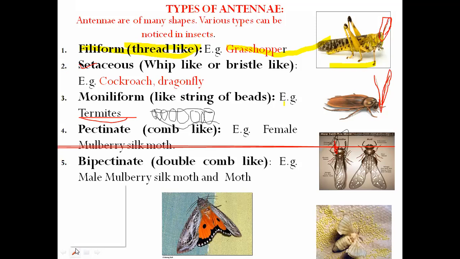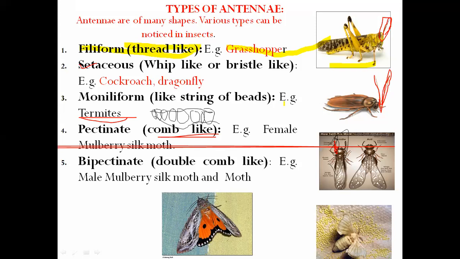Now next one, pectinate. Pectinate means comb-like. Everyone knows about the comb. Always remember, pectinate means comb-like. There are bipectinate and unipectinate, single comb-like and double comb-like. Single comb-like, known as unipectinate, is present in the female mulberry silk moth.